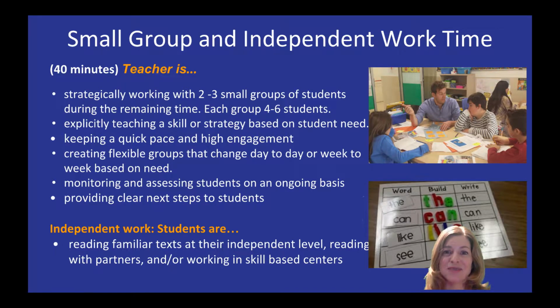And the explicit routines are set up so that kids know how to work in those partnerships or work independently. There's also a time for small center work. That means they could be working on phonics, word work, or phonemic awareness, where that could be a center where kids are working on that practice if they're not independent readers at that point. But again, the idea is that we want kids practicing as much as possible.